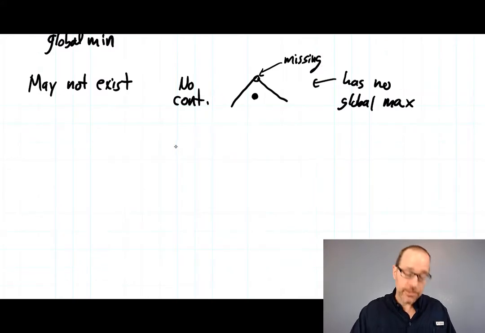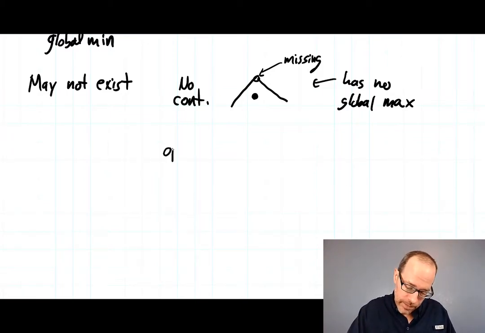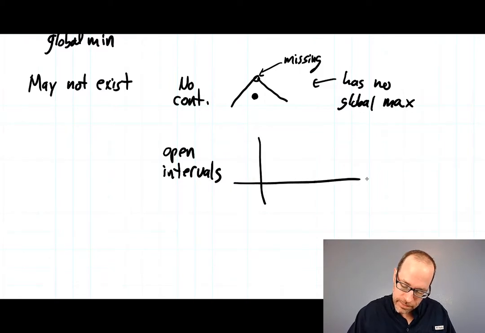Another reason you can fail to have these global and local extrema is because the interval you're on is open, meaning you're missing the endpoints. For instance, say we're working on this interval here, that means that point is not included in our domain.